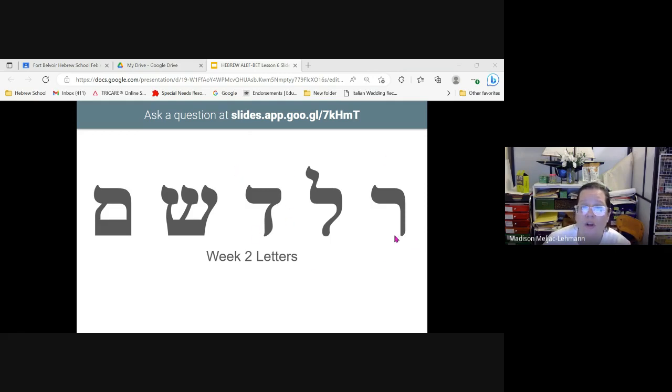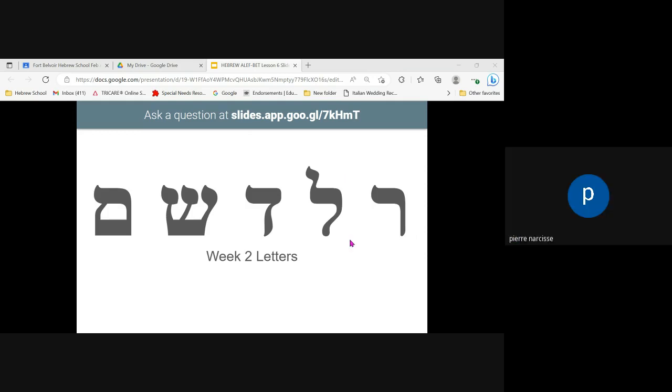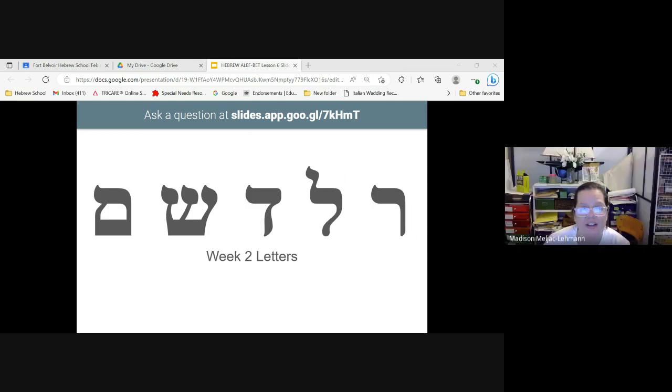Okay. So what's the one in the middle? Lamed. Yeah, that's great. Dalet. Okay. Now, this one this week should have had the dagesh right over the first arm. So if it's on this arm, the first arm as we're reading, not the English way, so what letter would it be today?